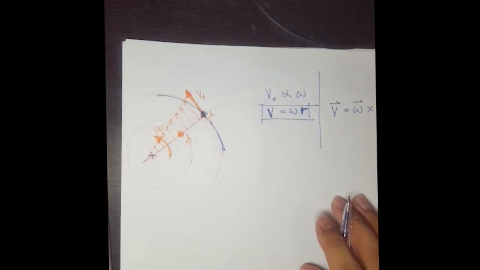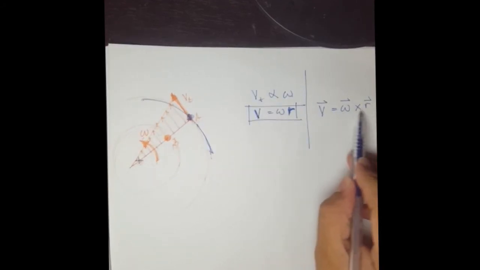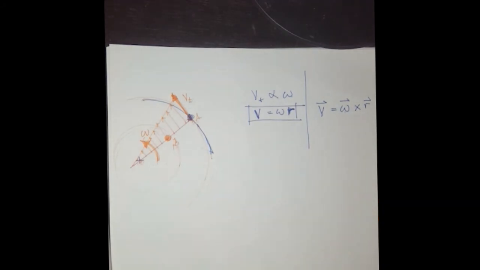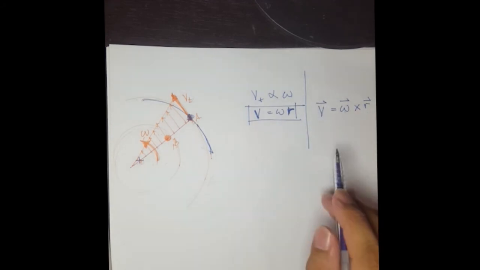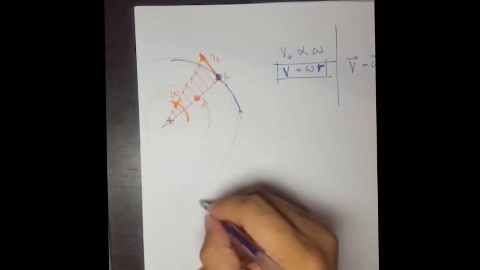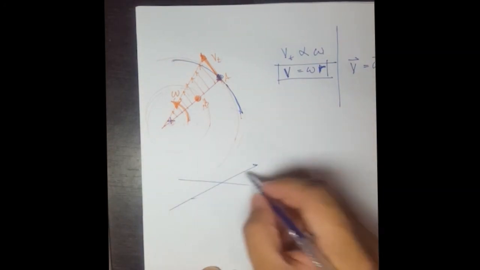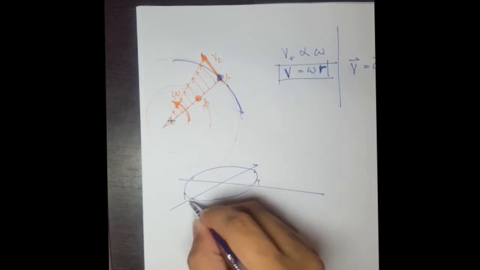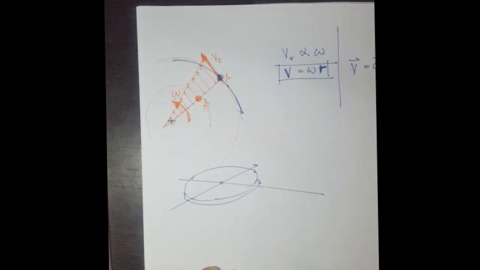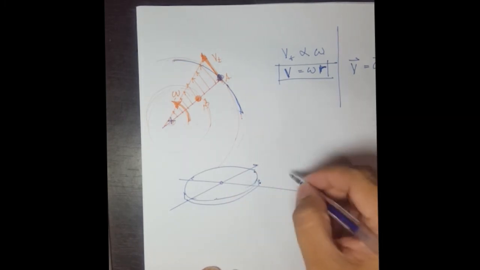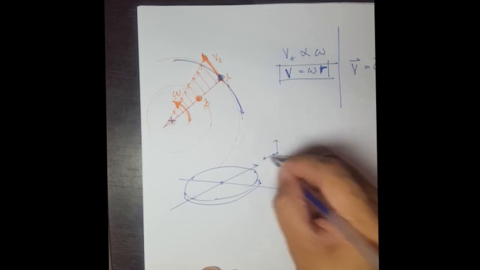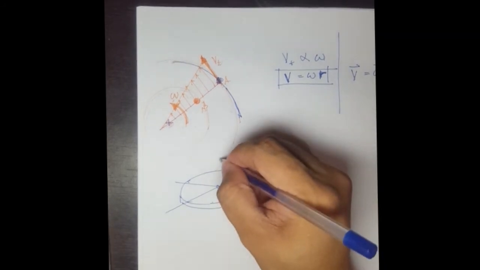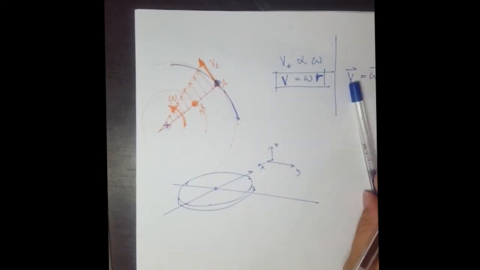Alright, so take note, this is a cross product of two vectors, meaning that this vector lies in one plane, and then this is the out of plane vector. If we try to draw it in 3D, let's say this is x, this is y, and this is z, and this is the axis of rotation.